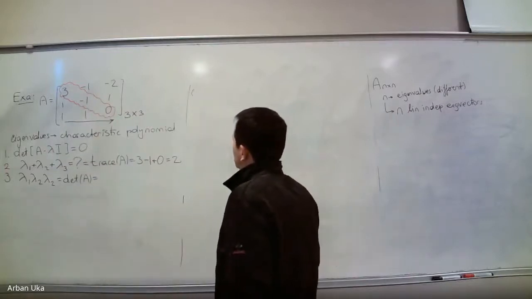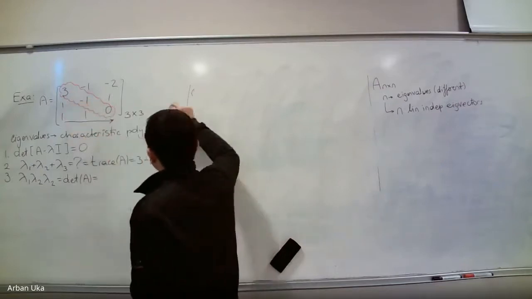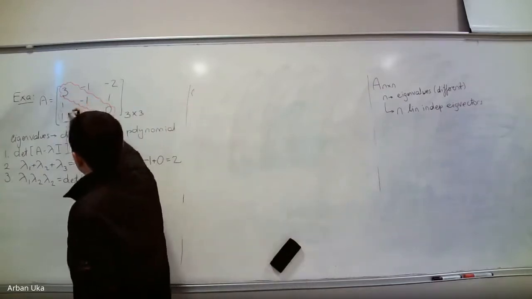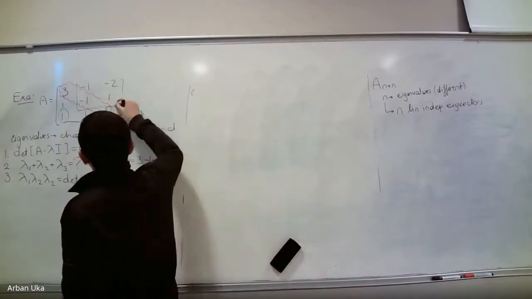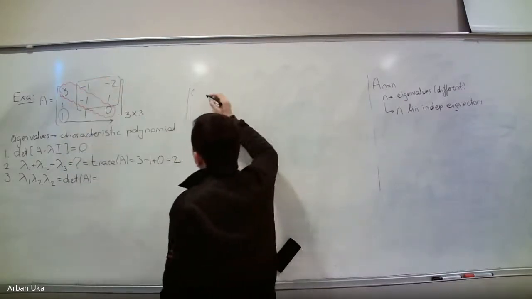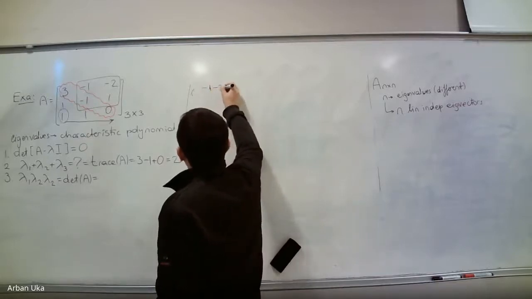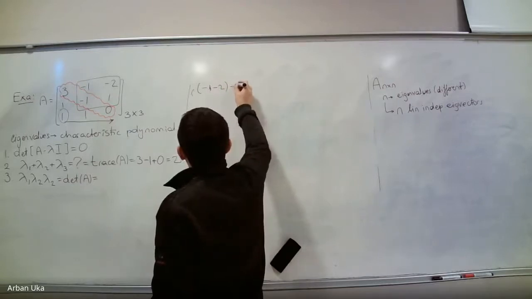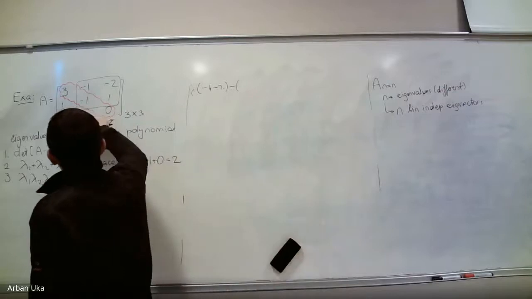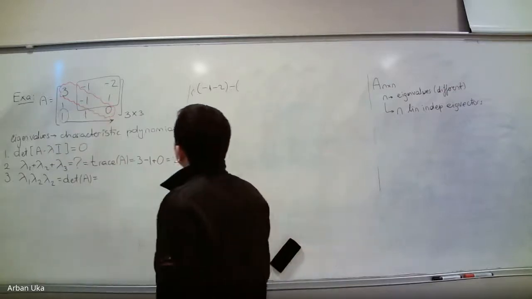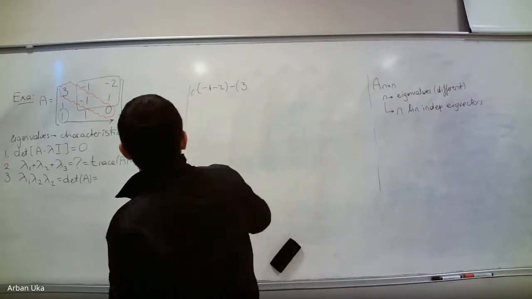If we do it, we have the signs plus minus plus, so here we have this one times the determinant of this 2 by 2 matrix up here. This would be equal to minus 1 times 1, which is minus 1, minus 2, minus the determinant of, so we have this one, this is 3 plus 2.